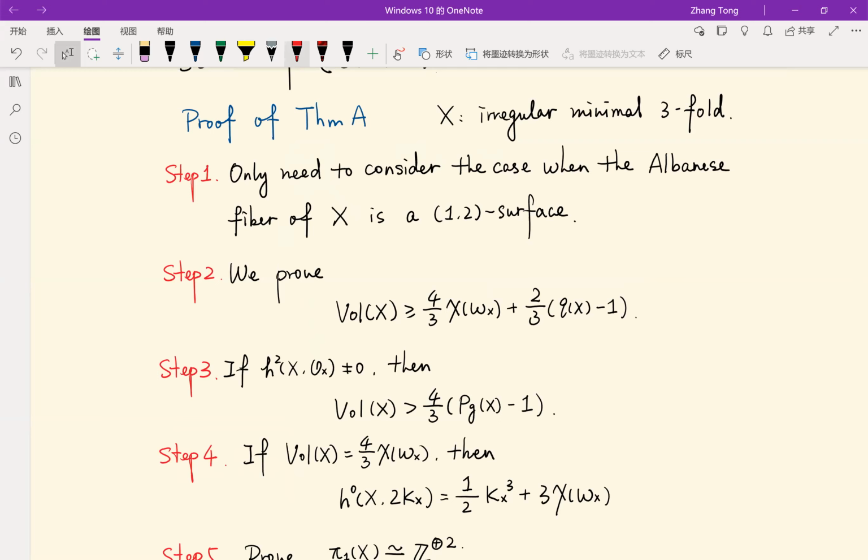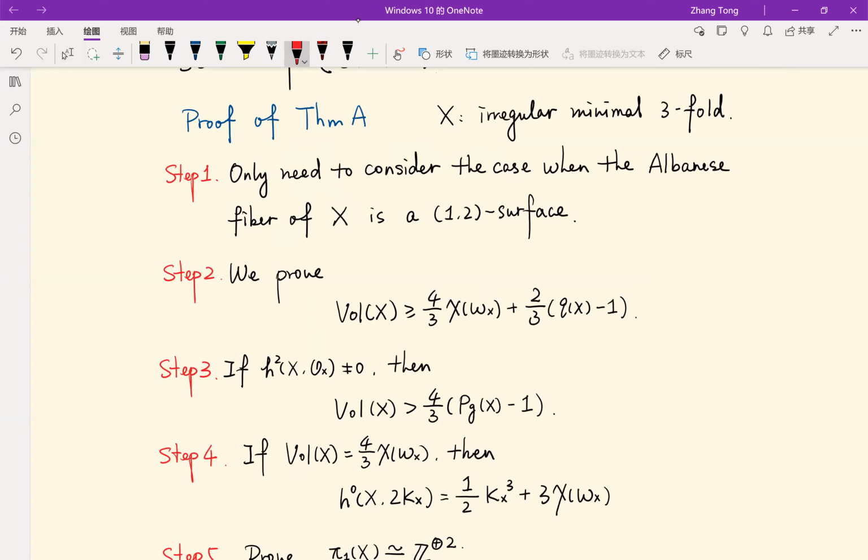So in fact, we have proved that if you have an irregular threefold, suppose the Albanese fiber is not a 1-2 surface, then we can get a stronger inequality.